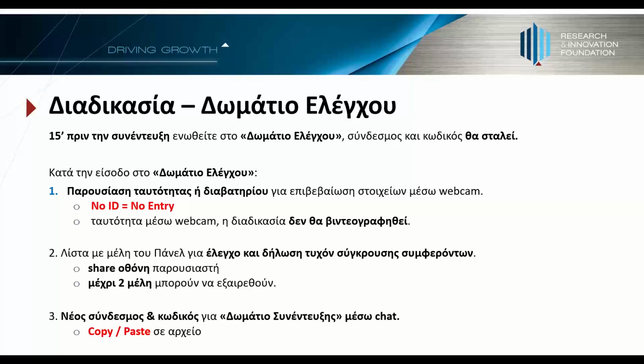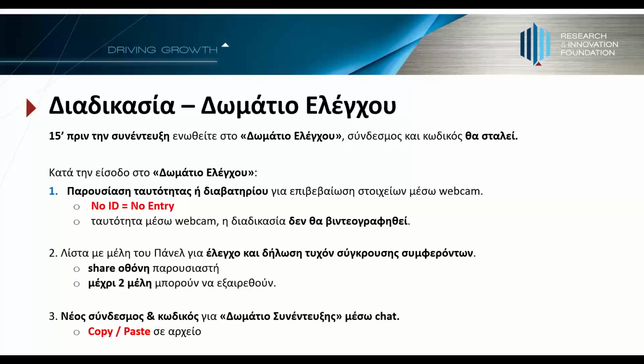When you enter the control room, what you need to have with you is your ID or your passport, because we will be asking you to show it to the webcam in order to cross-check your details with the details you have sent us in regards to the persons that will be in the team. So kindly note that if you do not have your ID with you, you will not be allowed to move on to the next session.